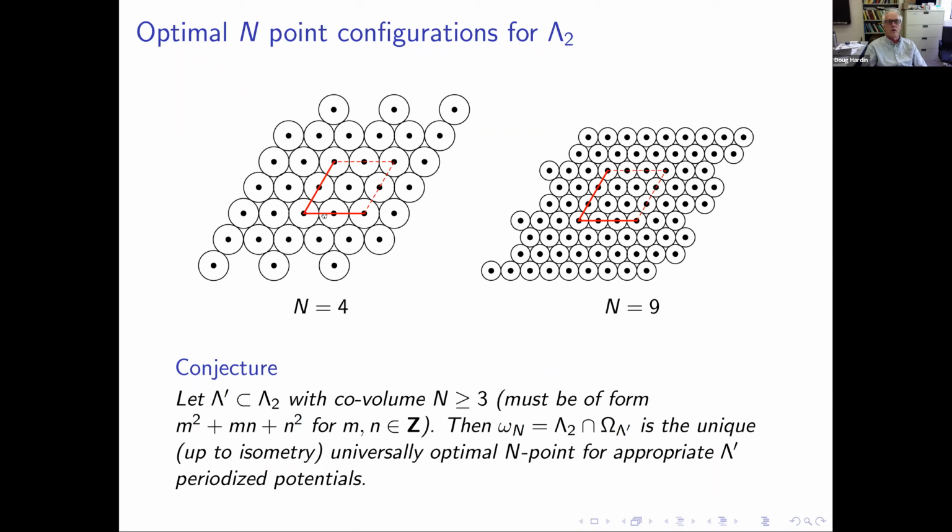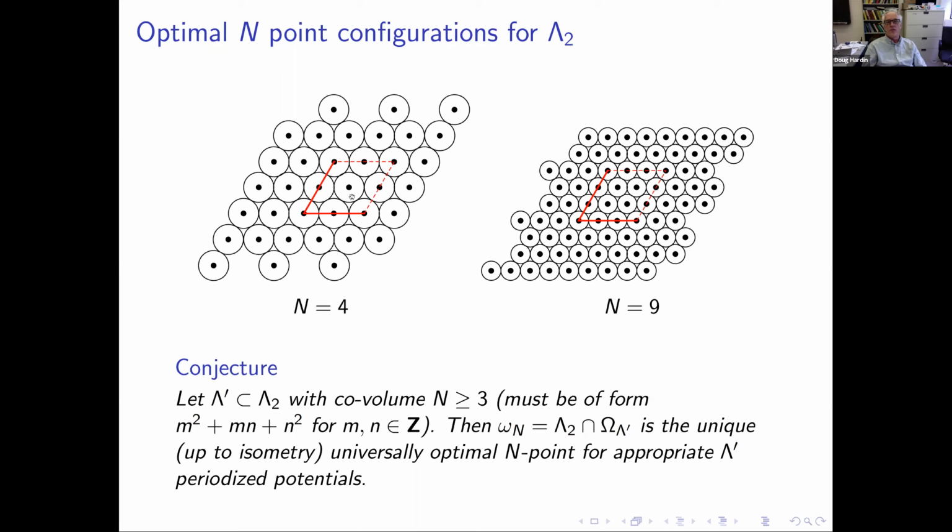So, for example, if we take the lambda 2 lattice, scale the lattice by 2 and take that sublattice, then you get a 4-point configuration, which would consist of these 4 points in the fundamental cell: the origin, and then these 3 points.